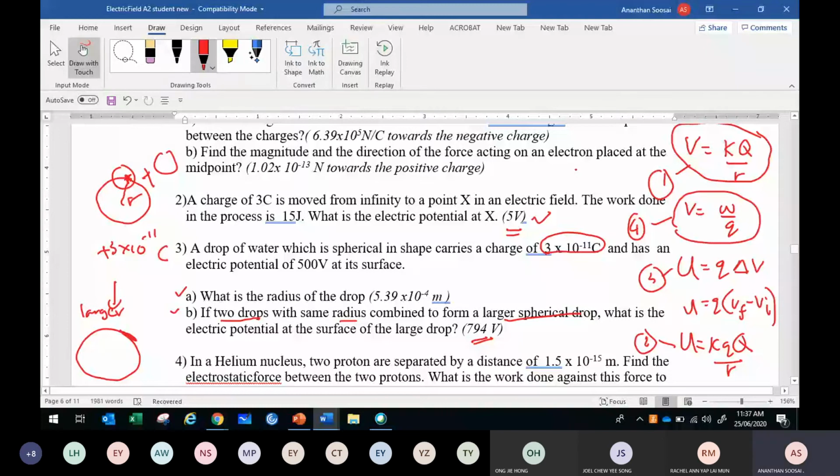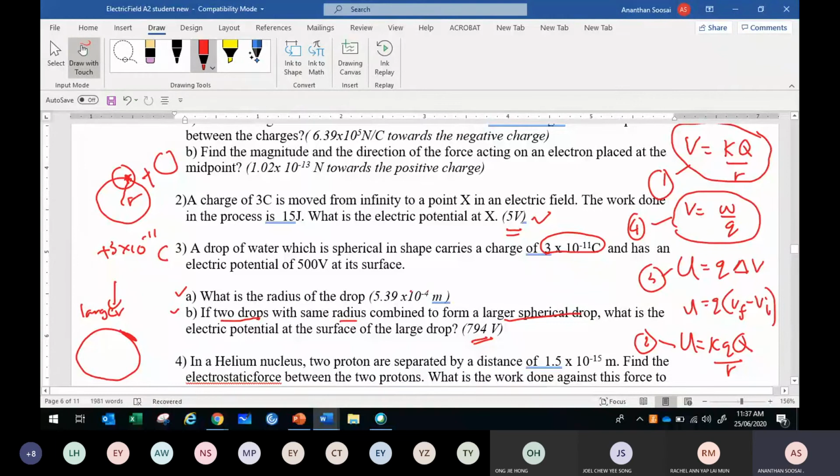But the problem is the radius. How much is the radius going to be? Can you simply make the radius double, 5.39 times 10 to the power of negative 4 times 2? You can't, right?